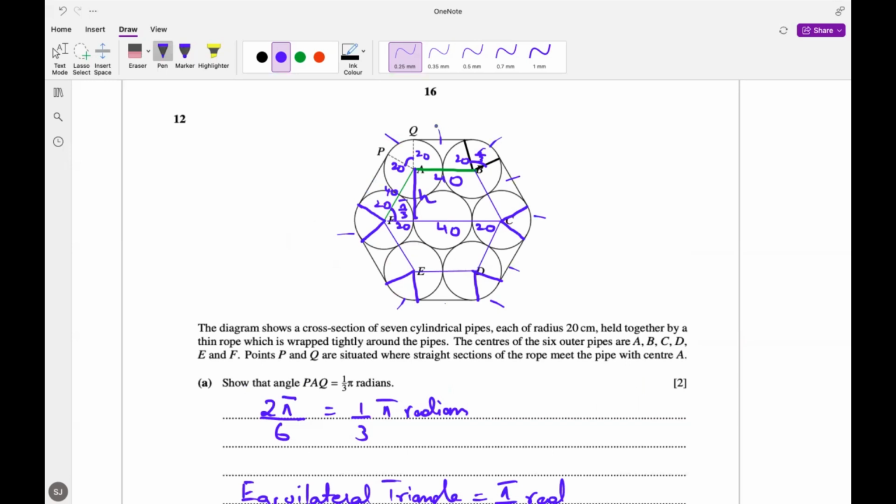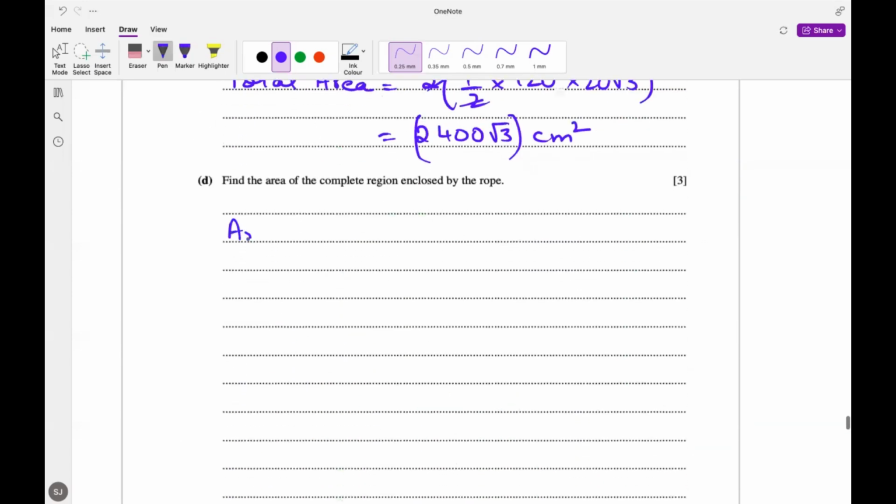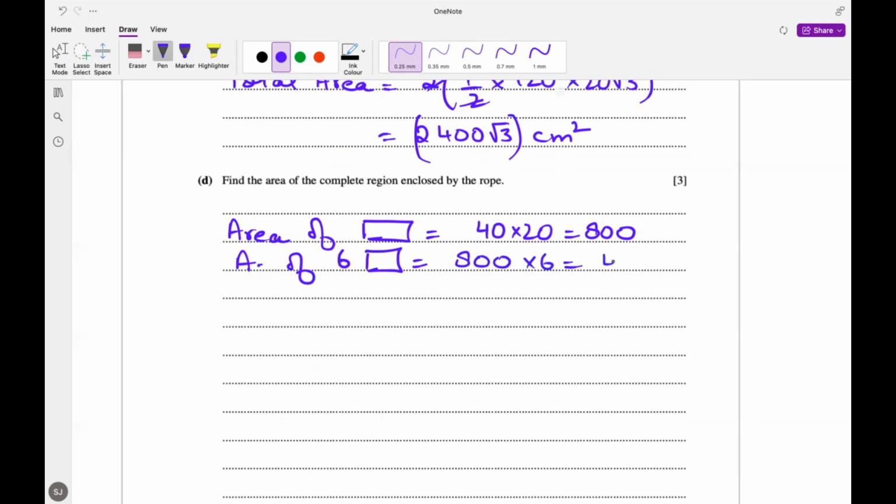Now each of the rectangles has this length as 40, and this length is the radius, which is 20. So first, finding the area of one rectangle, that will be 40 multiplied by 20, which is equal to 800. And then the area of 6 rectangles will be equal to 800 multiplied by 6. So that will be 4800 centimeters squared.